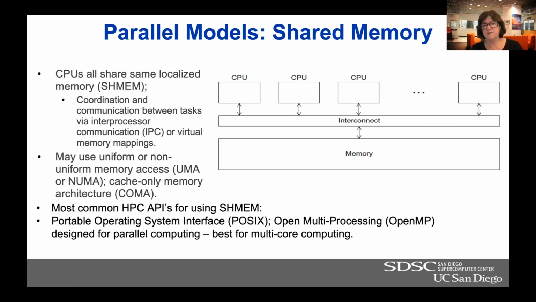If you have an application that's doing a lot of data I/O for the calculations, then you get a lot better performance. So shared memory is for one particular type of application. In this case, we call it SHMEM, shared memory. So you have coordinated communication between all the tasks, and they all share the same memory.